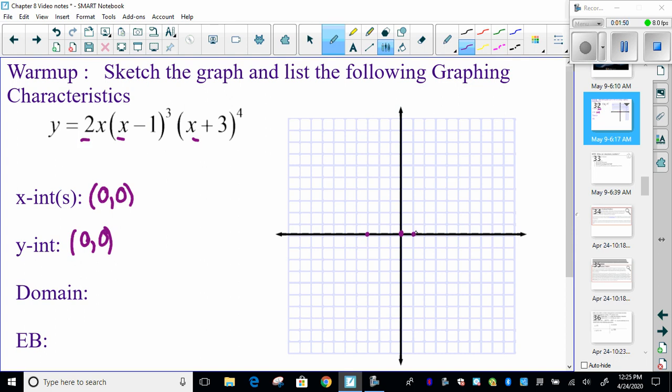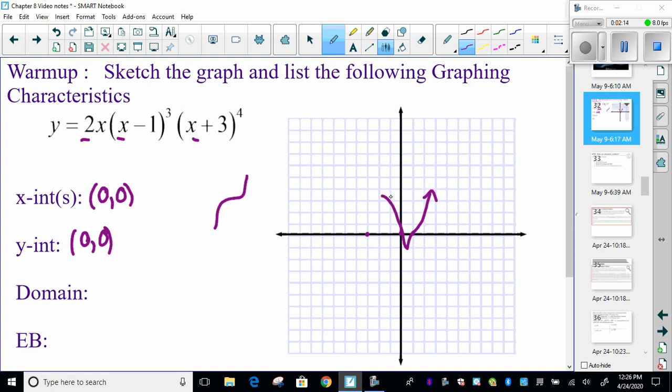Therefore, from 1, it's going to go up and to the right. However, at 1, it's that cubic shape, so it's going to look like this. Therefore, flat coming through. So we can see there's that jog in there. Comes down somewhere or another and then comes back up.